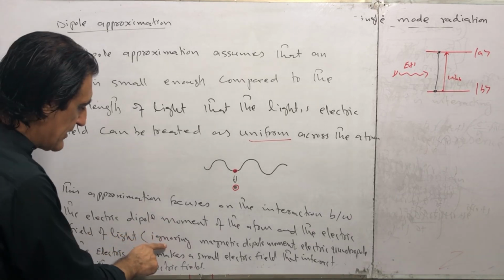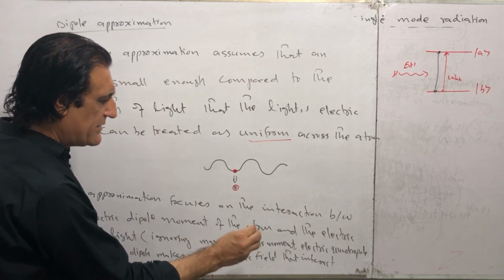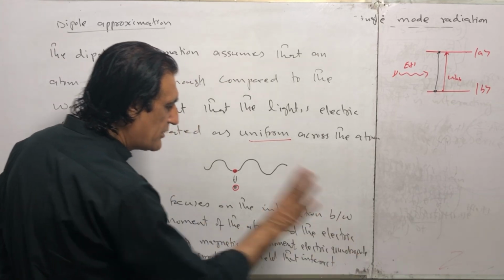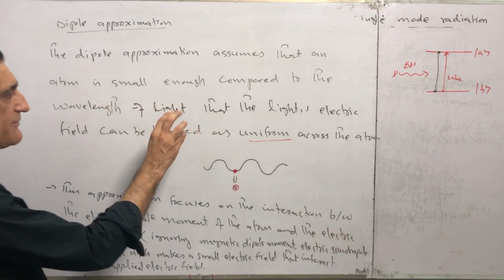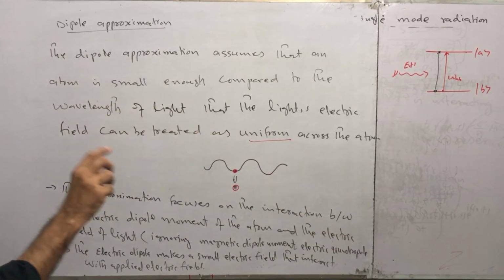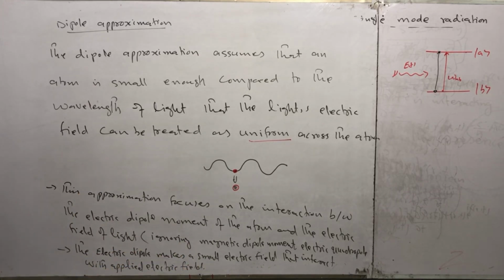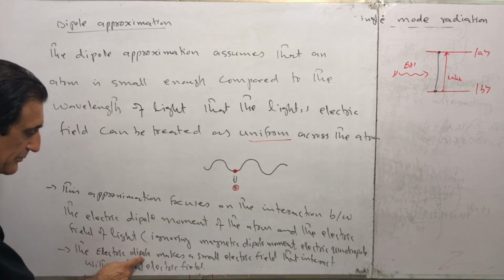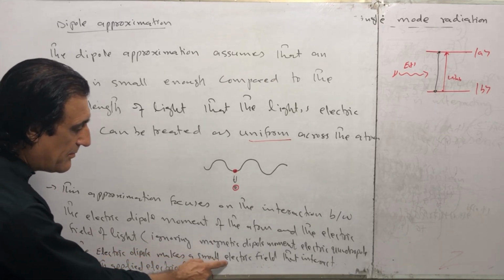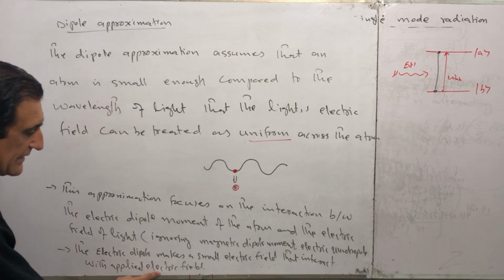And we must ignore the magnetic dipole moment because this is very small, and the electric quadrupole. So ignoring these, we can only consider the dipole. So this is an approximation. In this point I have written the electric quadrupole: the electric dipole makes a small electric field that interacts with the applied electric field.